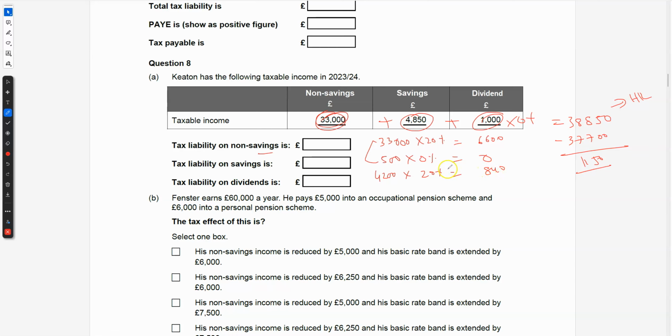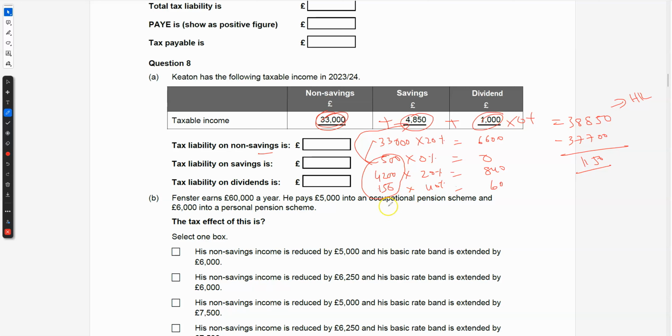Anything remaining for the saving will be on the higher rate. So I still have 150, because if I add these three, that equals 4850. So break it down into 500, 4,200, and 150, because 500 is the tax free allowance, 4,200 is the basic, and as it crosses 37,700 when I'm in 4,200, the rest, 150, will be the higher rate, that is 40%, and that is 60.